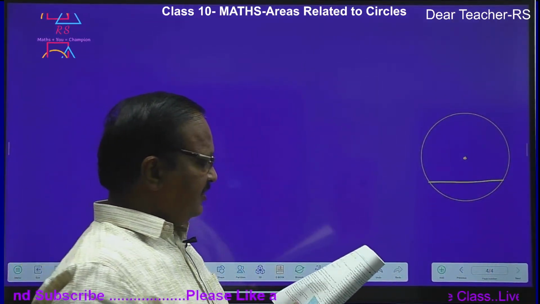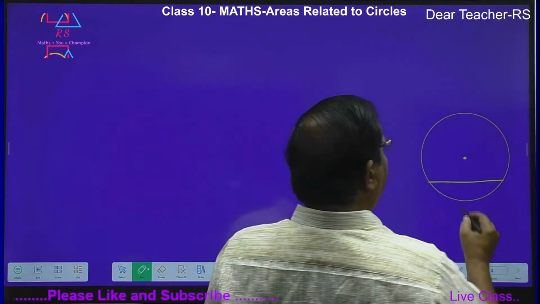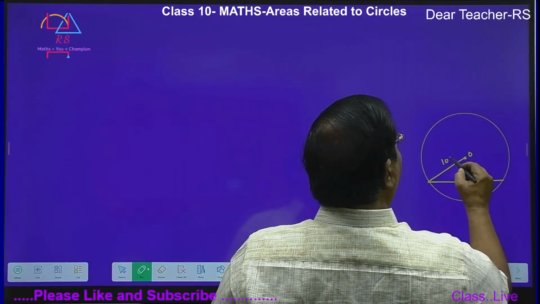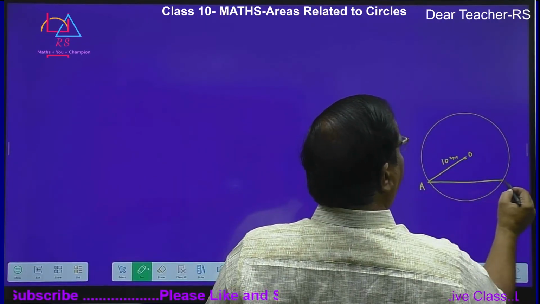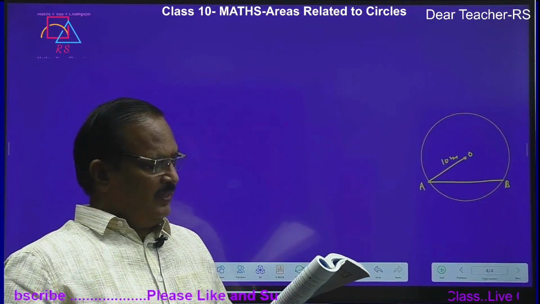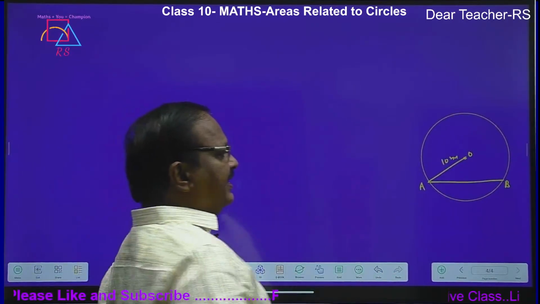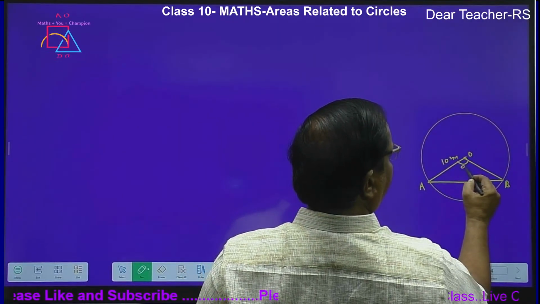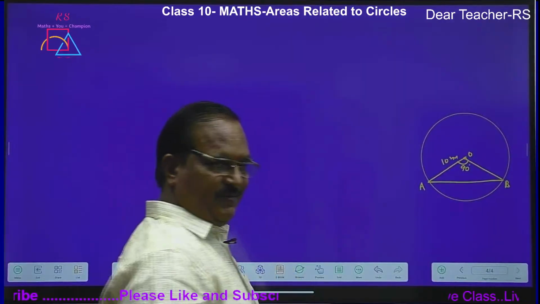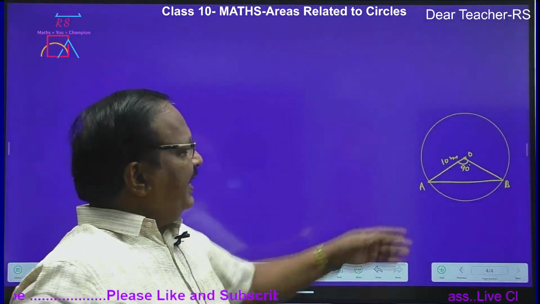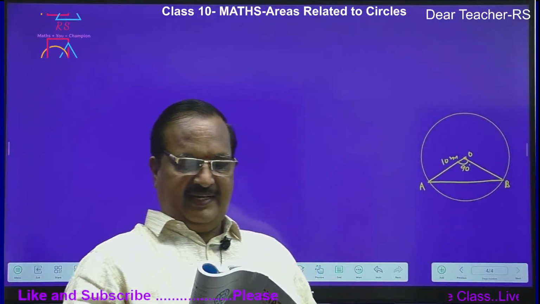The radius is 10 centimeter. AB is the chord and AO is the radius. It subtends a right angle at the center. This chord is making a right angle, 90 degrees. I did not draw it properly. It is not looking like 90 degrees, but I have written it, so it is 90 degrees.